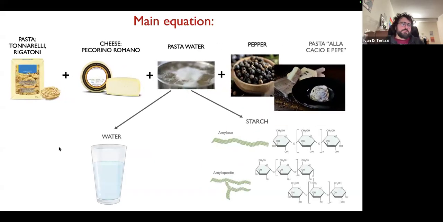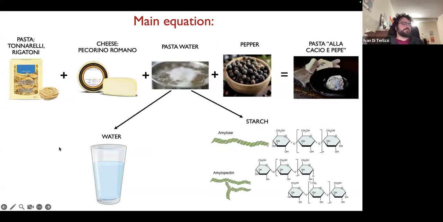Now, what about the pasta water? The pasta water is often an underestimated ingredient in terms of importance. And as I will try to convince you throughout this talk, the pasta water is very important because in addition to water, you have gelatinized starch.